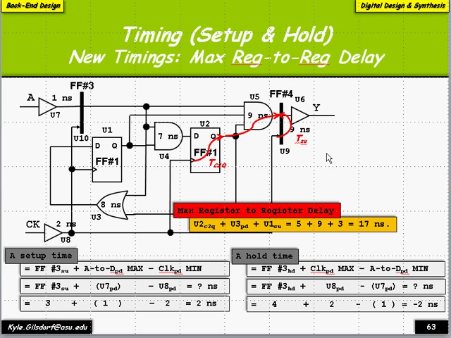So this is kind of interesting in the sense that what we've done is we've removed some of the elements from the timing path by simplifying our design by adding flip-flops. Now, again, this is expensive, but this fixes timing violations. And you'll see this probably removes our hold time violation.